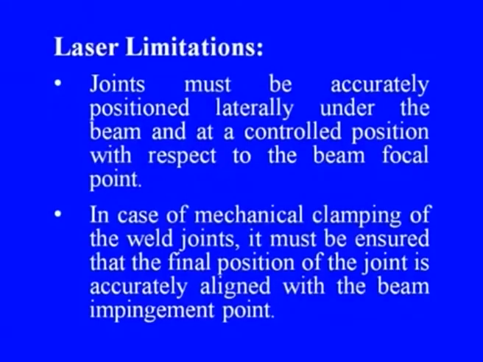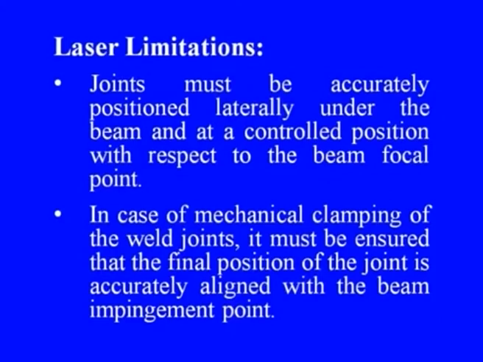Let us at the same time note a few limitations of this process as well. The joints obtained by laser beam welding must be accurately positioned laterally under the beam and at a controlled position with respect to the beam focal point. This is very critical for the accuracy of the welding process.